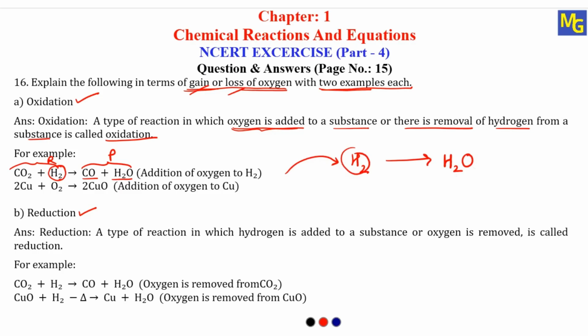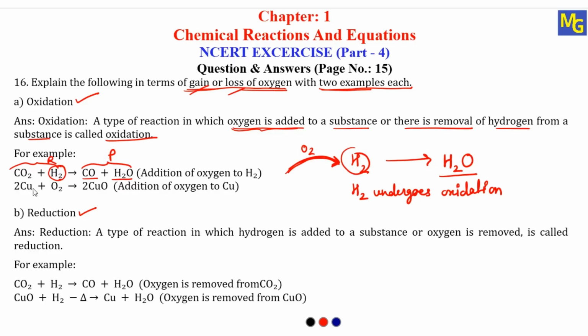So oxygen is added to this hydrogen, and due to the addition of oxygen we have got water. So I can say there is an addition of oxygen to hydrogen, therefore hydrogen undergoes oxidation in the first reaction.